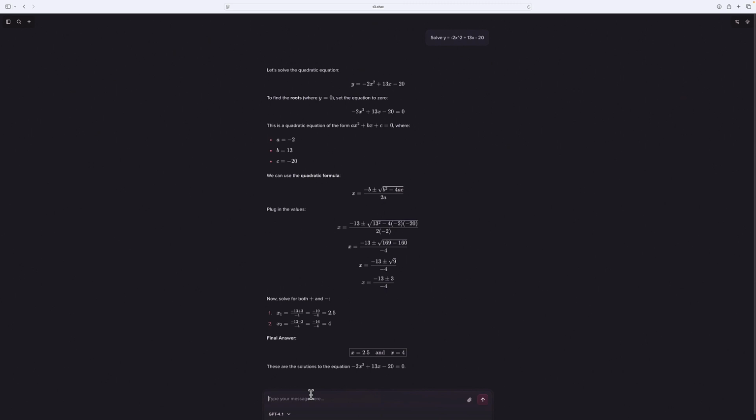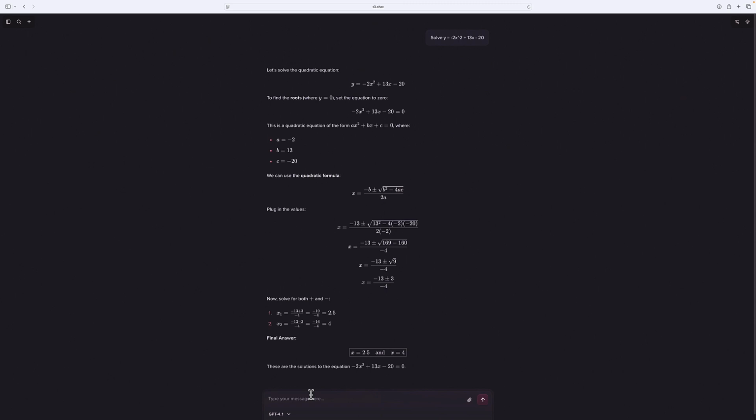Very nice. And it looks like x equals negative 13 plus or minus 3 over negative 4 is correct. Then you have two answers because you have a plus and a minus version. And then you get an answer of x equals 2.5 and x is equal to 4. Very nice and very easy.